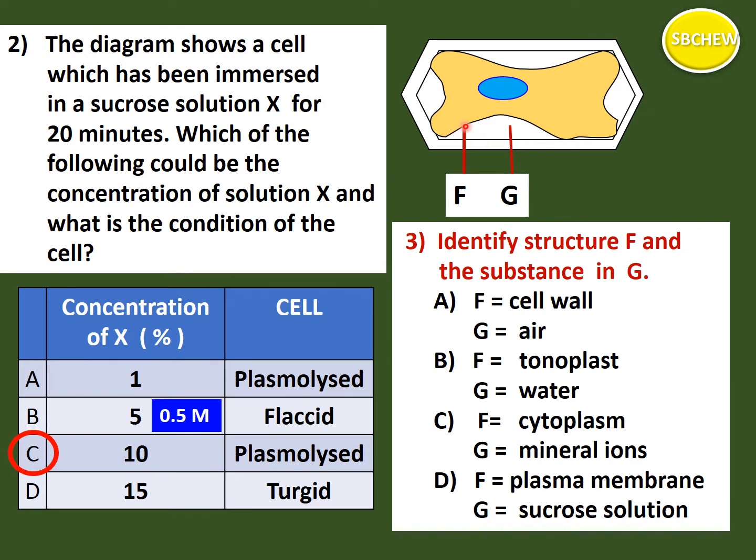Plasma membrane is selectively permeable or semi-permeable, but the cell wall is fully permeable. So the sucrose solution can pass through the large pores in the cell wall, and it will fill up all the white spaces here. It's filled up with the sucrose solution from outside. So the answer is D.